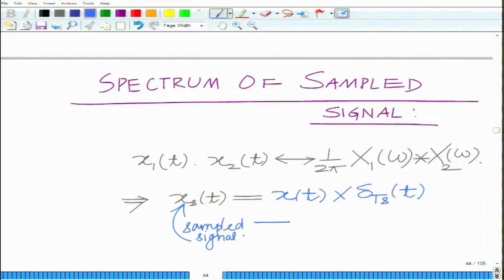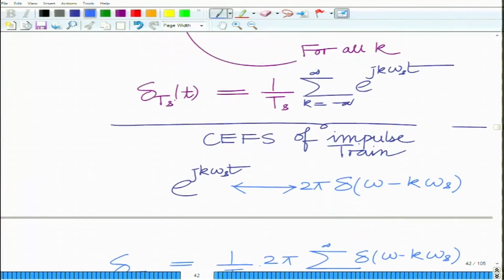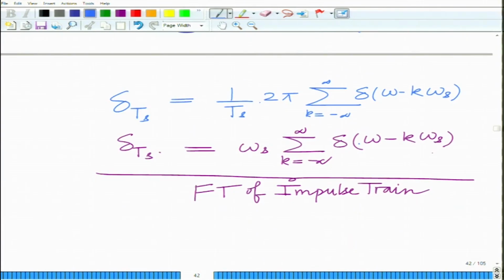Which implies its Fourier transform is going to be, there has to be a constant factor of 1 over 2 pi, 1 over 2 pi X of omega convolved with the spectrum of the impulse train, let us call this delta Ts of omega.